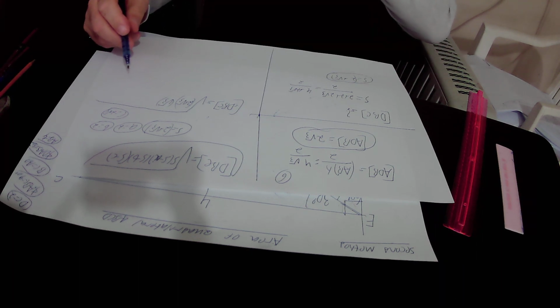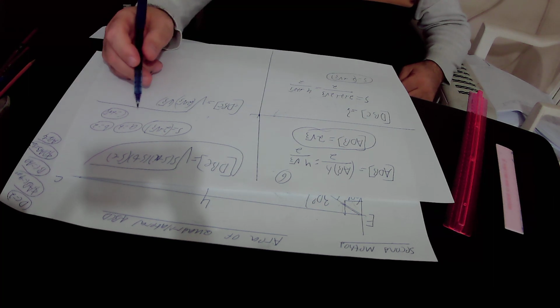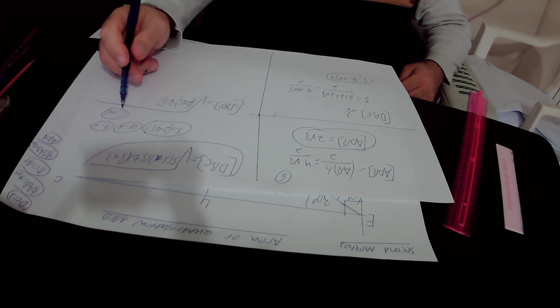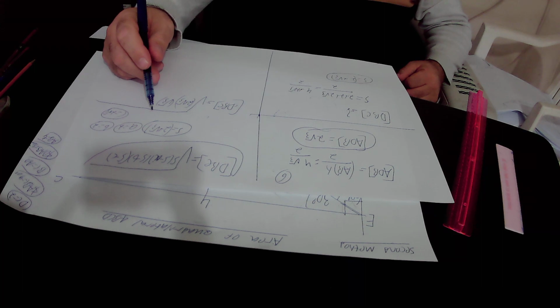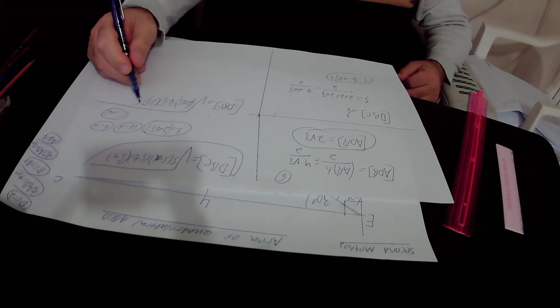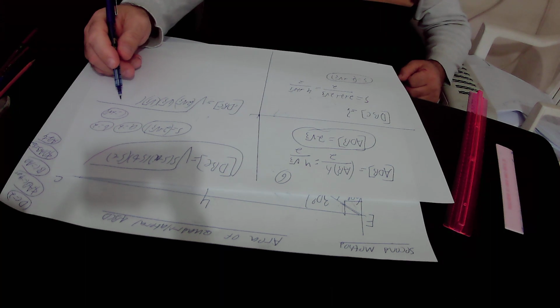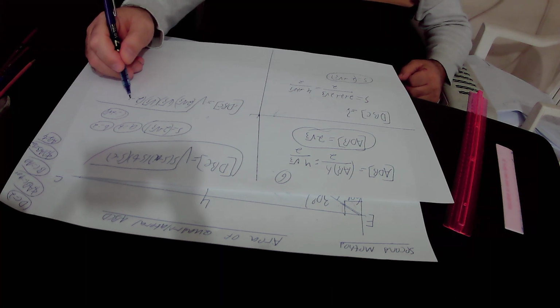S minus B is the same result because B also equals 2, so it is square root of 3, times S minus C. S is 2 plus square root of 3 and C is 2 times square root of 3, so 2 plus square root of 3 minus 2 times square root of 3 is 2 minus square root of 3.